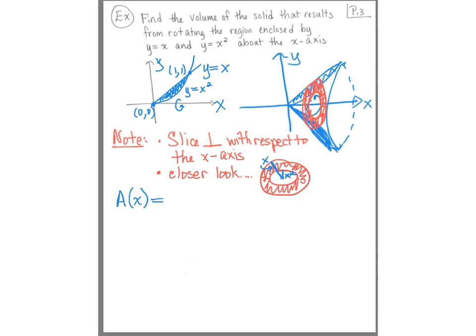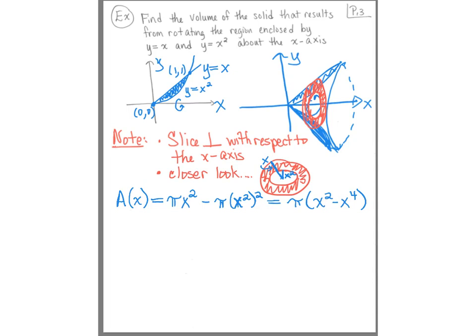So the area is equal to pi times the outer radius x, squared, minus pi times the inner radius x squared, which we have to square. That's equal to pi times the quantity x squared minus x to the 4th.